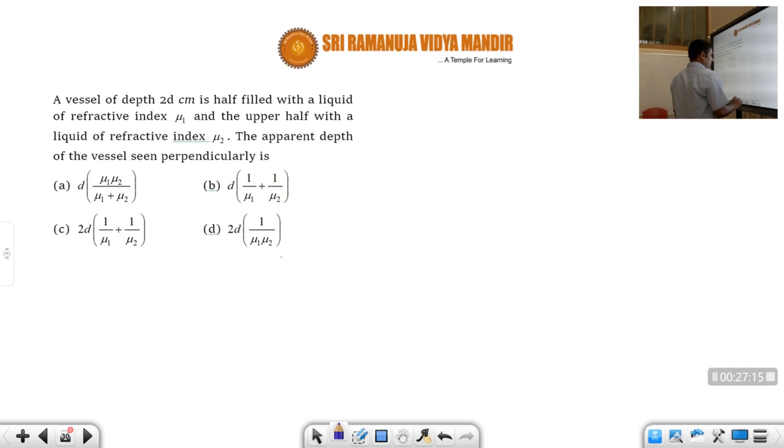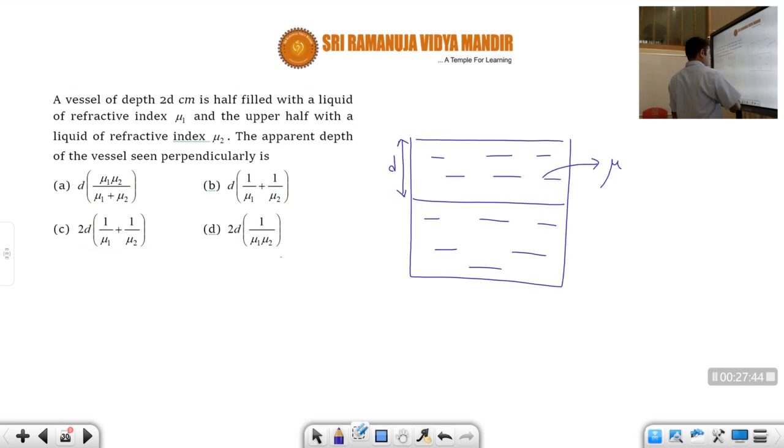Okay, students. Total depth is how much? 2d centimeters. Let us say this lower depth is d, filled with refractive index mu1, and the upper half is mu2, and this is also d. Half filled, so the total is 2d.